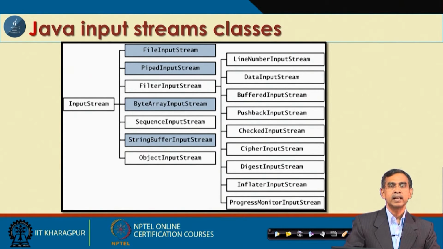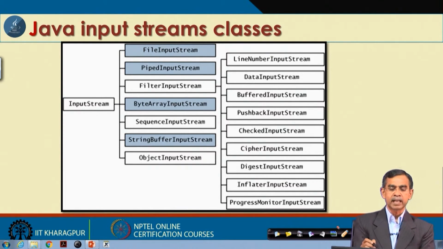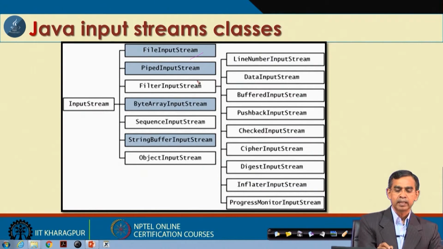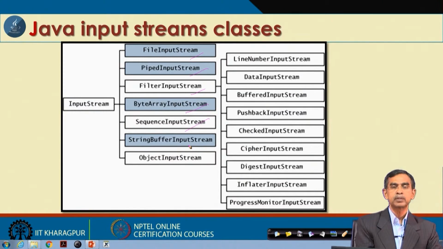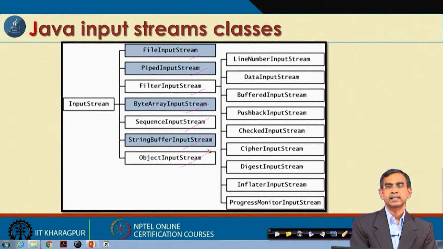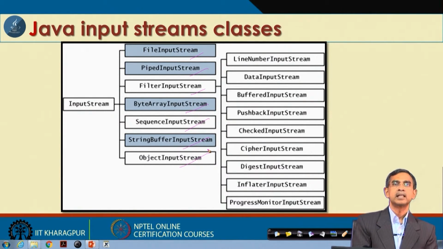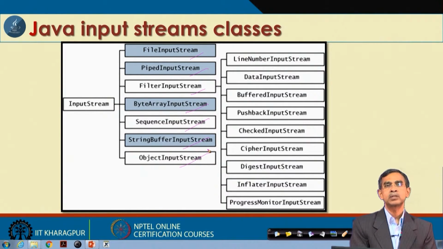As you see, a large number of classes are there: file input stream, piped input stream, filter input stream, byte array input stream, sequence input stream, string buffer input stream, and object input stream. So many classes belong to input stream because they deal with different inputs in different manners. For example, the byte array input stream class reads data from an array which is stored in memory.